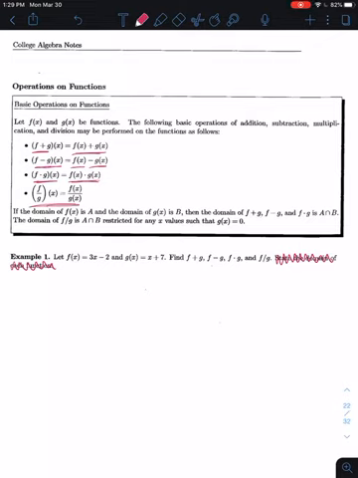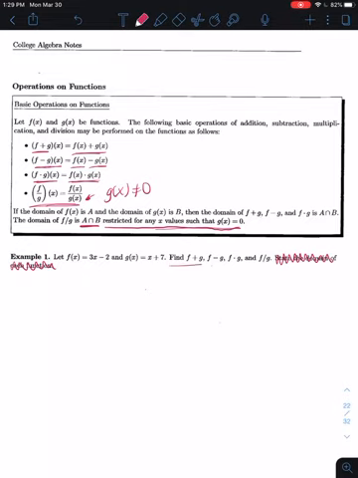One thing you need to know about division is that whatever's at the bottom, in this case g(x), cannot equal 0. So they talked about that it's restricted for any x values such that g(x) equals 0. All right, we just state that so it's known.